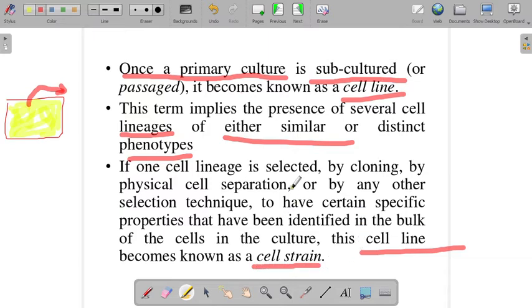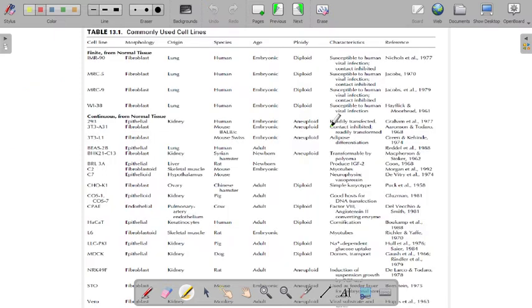I hope you have understood this topic: cell line, cell strain, and cell lineage. So here there is a table, there are a few tables which state the commonly used cell lines. So why are cell lines very important, guys? This is a very important thing. What I want to say is that this is an important topic now.